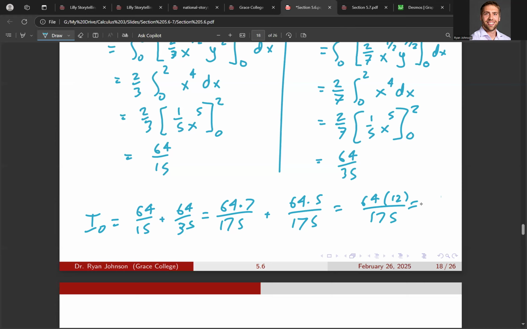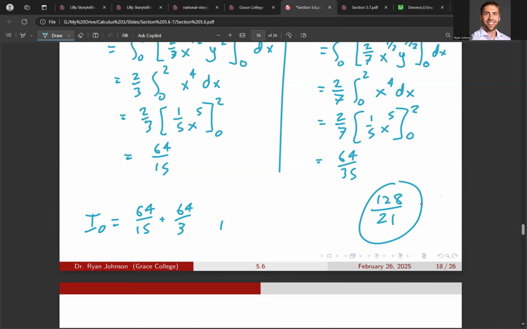And so what did you guys get? 128 over 21. All right. So that means our radii of gyration, Rx, is going to be the square root of Ix over m, right?